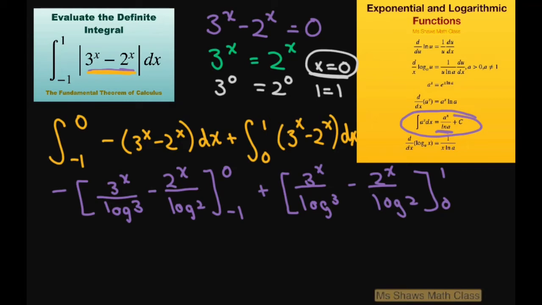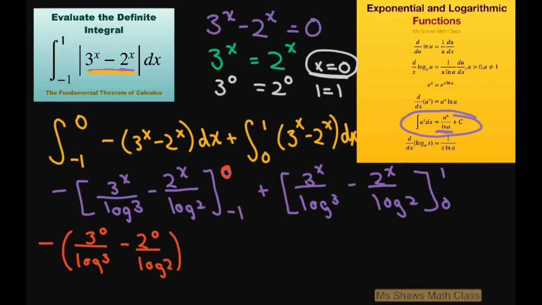All right. From here, let's go ahead and substitute in some values. Let me see if I can squeeze all this in. So this is going to give me negative, and I'm going to start with the 0. So you're going to get 3 to the power of 0 divided by log of 3 minus 2 to the power of 0 divided by log of 2.